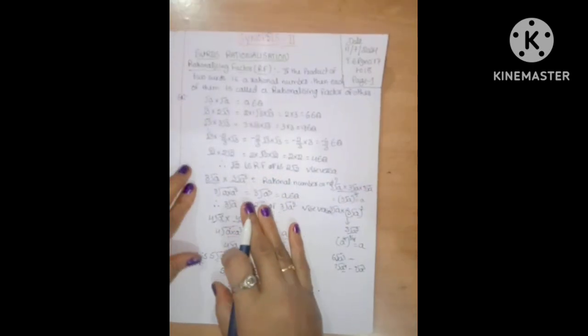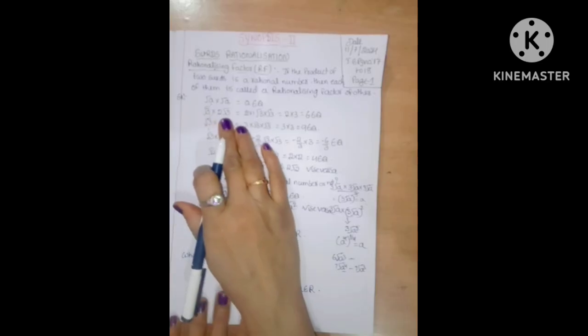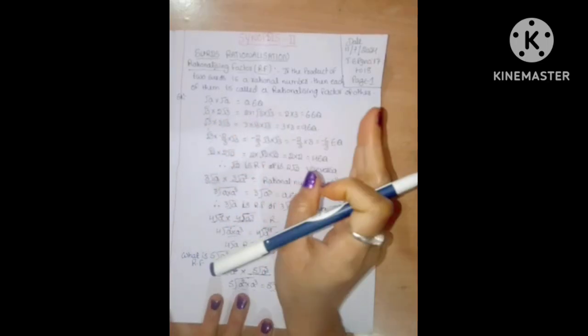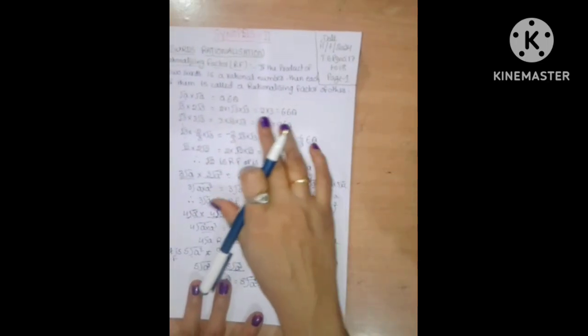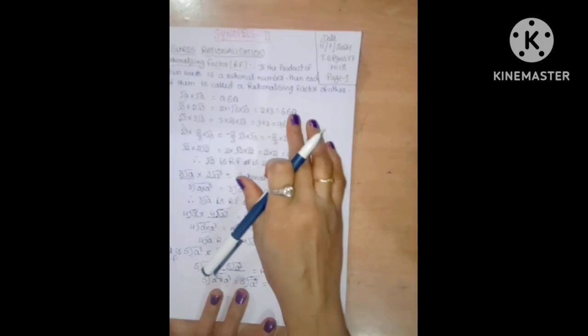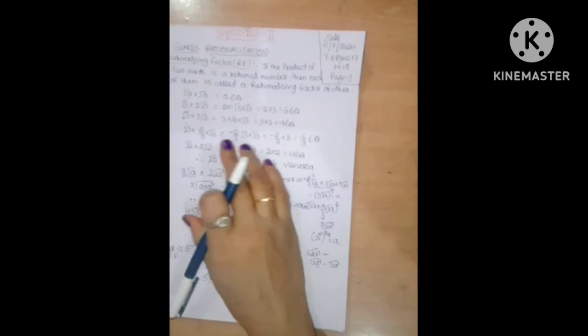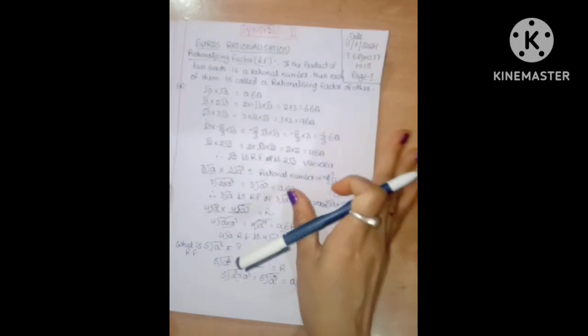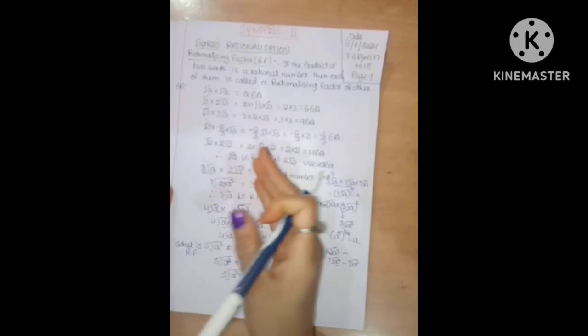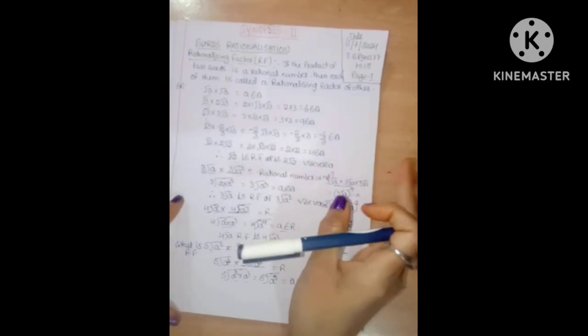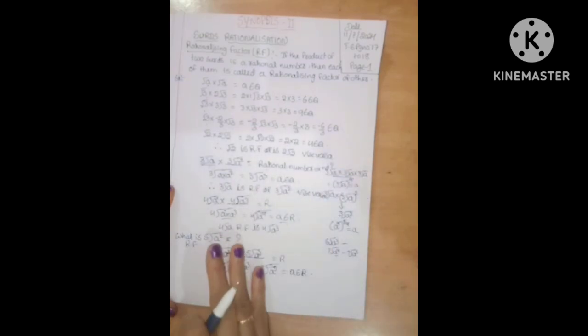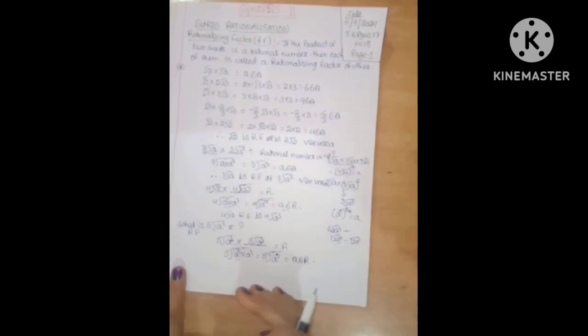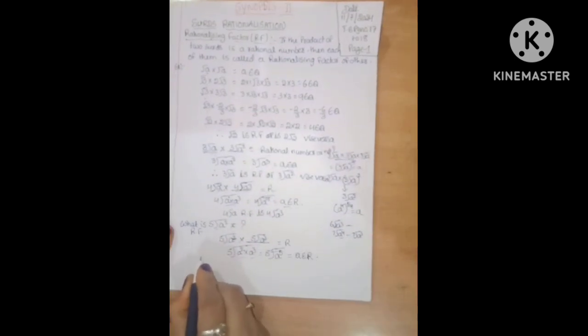Same here: root 3 into any root 3, the product of these two surds gives a rational number. Root 3 into any rational number gives a root 3. And root 2 into any root 2 is also a rational number. Are you clear? What is the generalized form of the nth root?